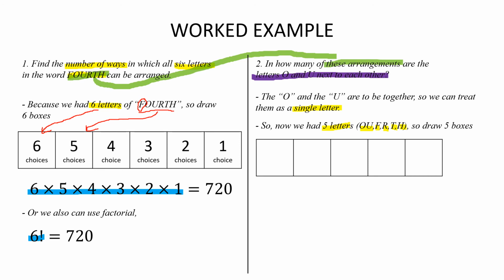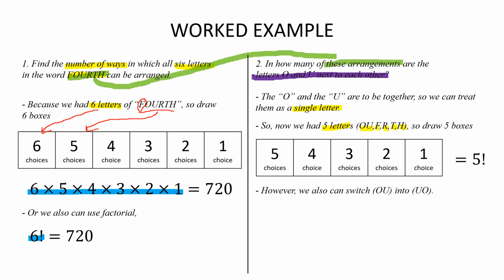Because we have 5 letters, the first box has 5 choices, then 4 choices, then 3 choices, 2 choices, and 1 choice. So it's 5 factorial, and we can calculate 5 times 4 times 3 times 2 times 1. However, we must remember that we can also switch OU to UO.